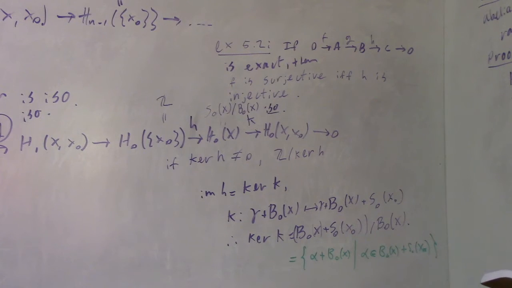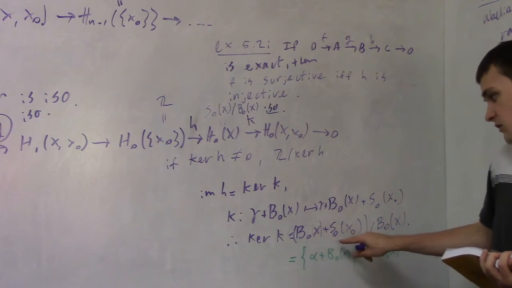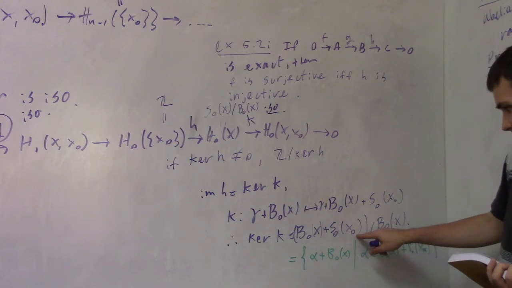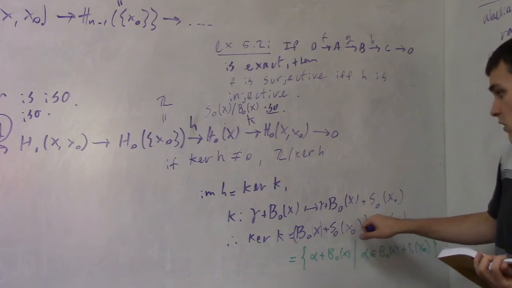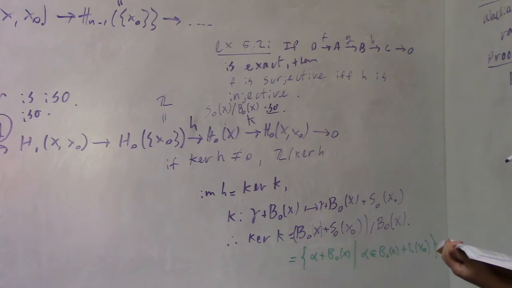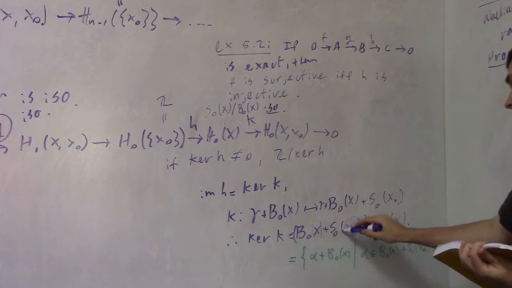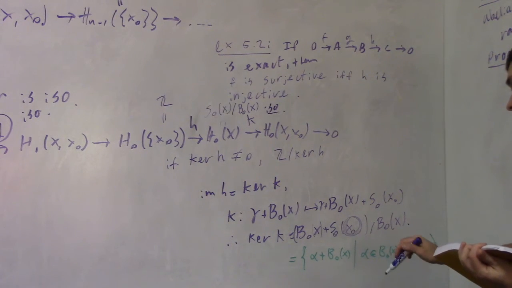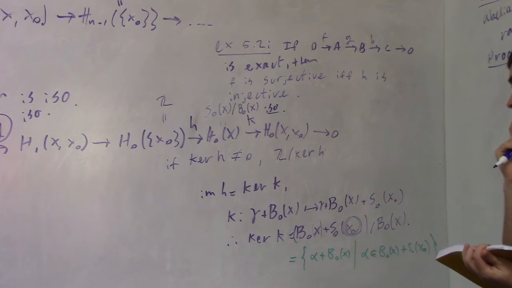What I was saying was this is a subgroup of S naught of X naught. Oh, no, wait. S naught mod B X naught. I mean, S naught is in the domain of K.